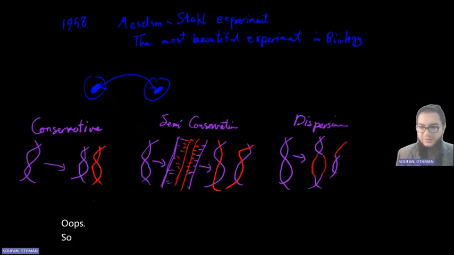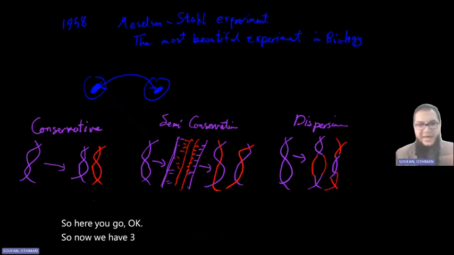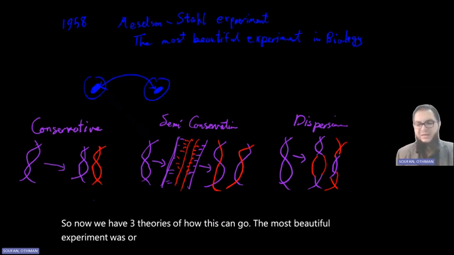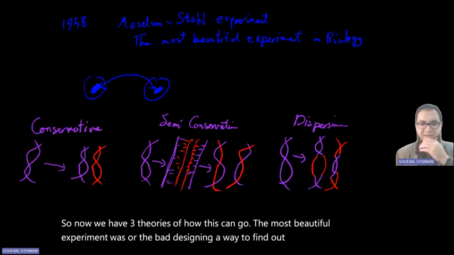So here you go. Now we have three theories of how this can go. The most beautiful experiment was about designing a way to find out the actual theory through an experiment.